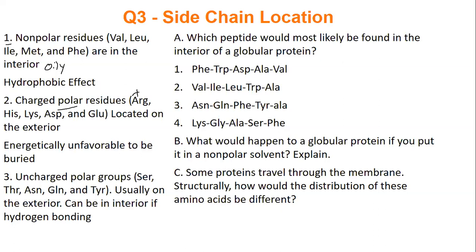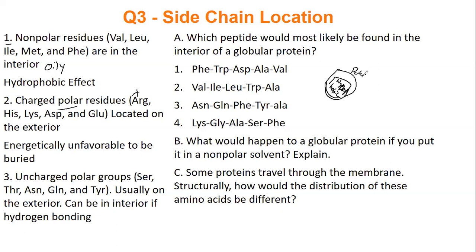Would it denature or turn into a blob? Would it break apart? What is a globular protein again? A globular protein is a protein that folds into a 3D shape where the center is hydrophobic. The outside's polar.